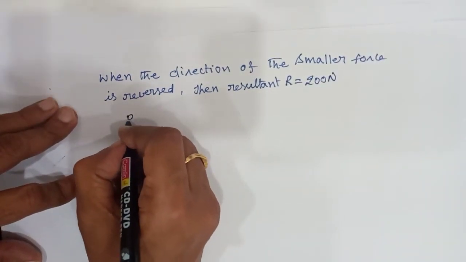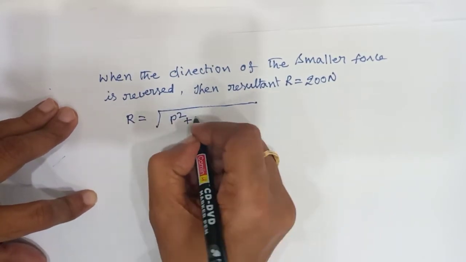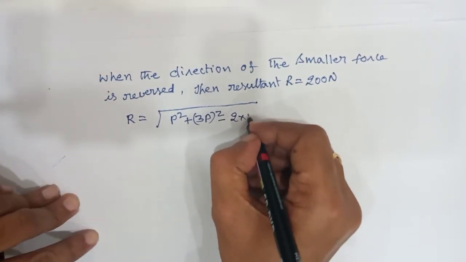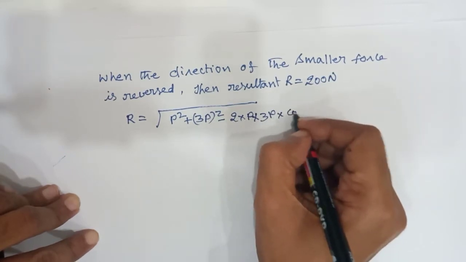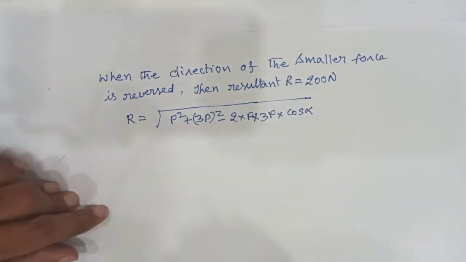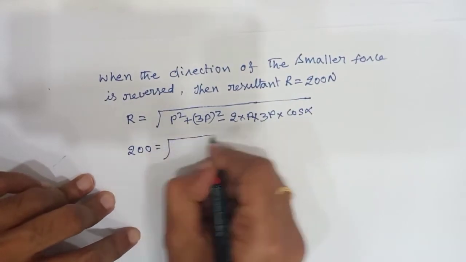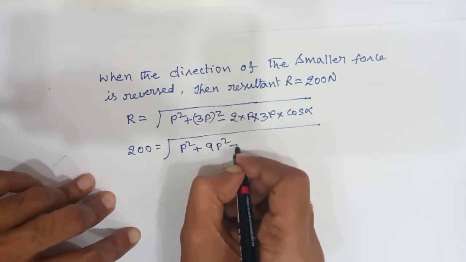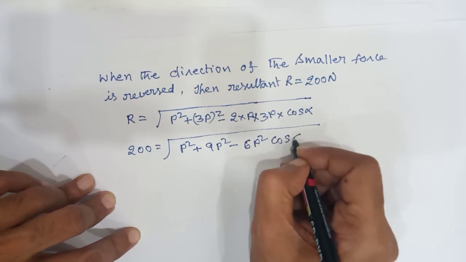So resultant R is equal to under root of P square plus 3P whole square minus 2 into P into 3P into cos alpha, which is equal to 200, is equal to P square plus 9P square minus 6P square cos alpha.